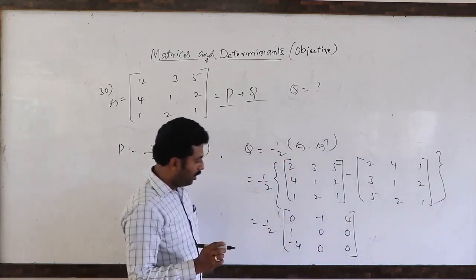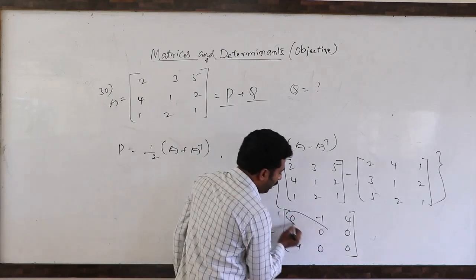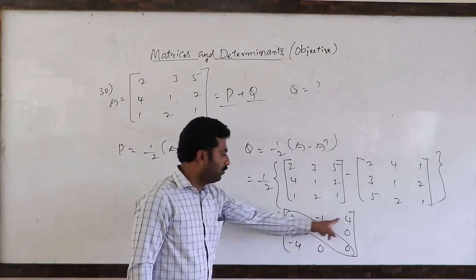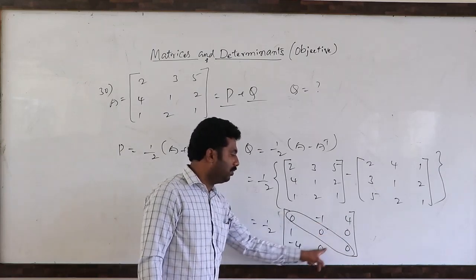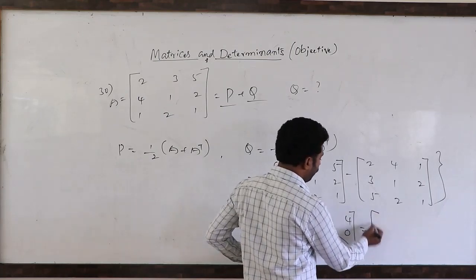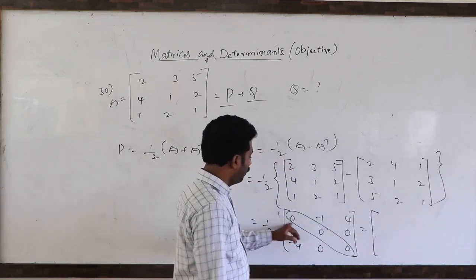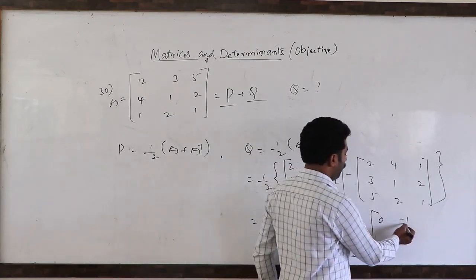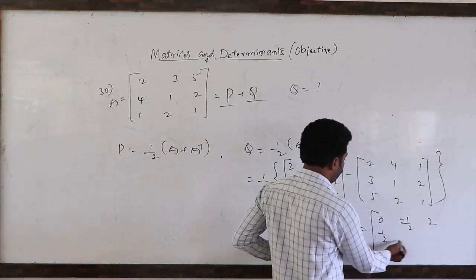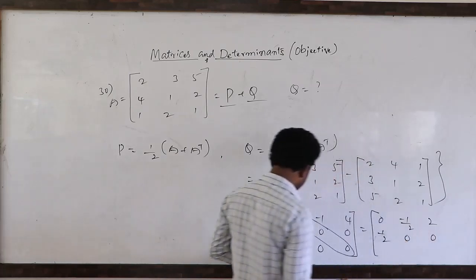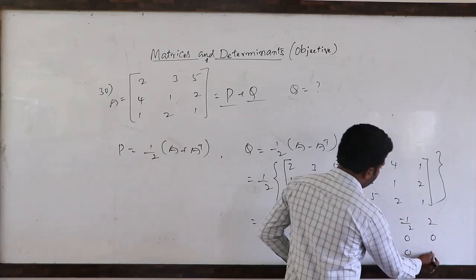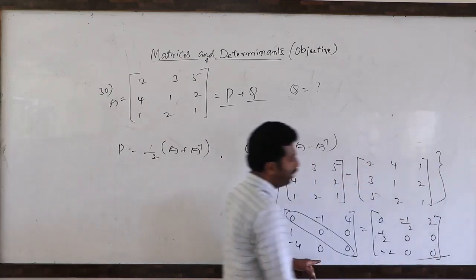You observe all the principal diagonal elements are zeros. Minus 1 has plus 1, 4 has minus 4, 0 has 0. So this is a skew symmetric matrix. If you want, you can write divided by 2: this is 0, minus 1 by 2, 2, 1 by 2, 0, 0, minus 4 means minus 2, 0, 0. This is the Q matrix.